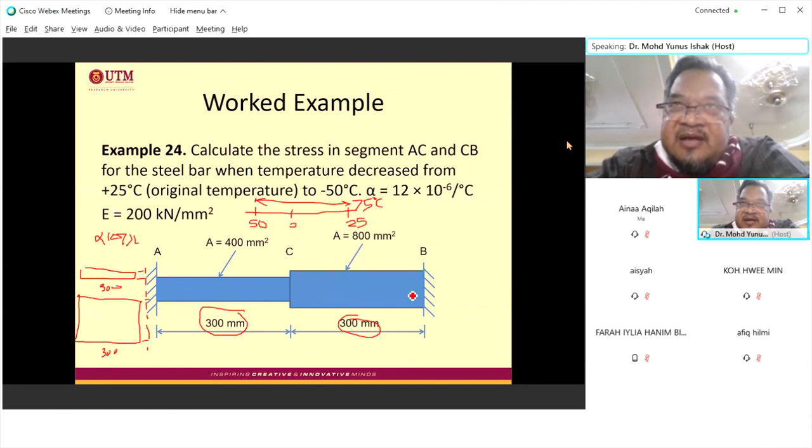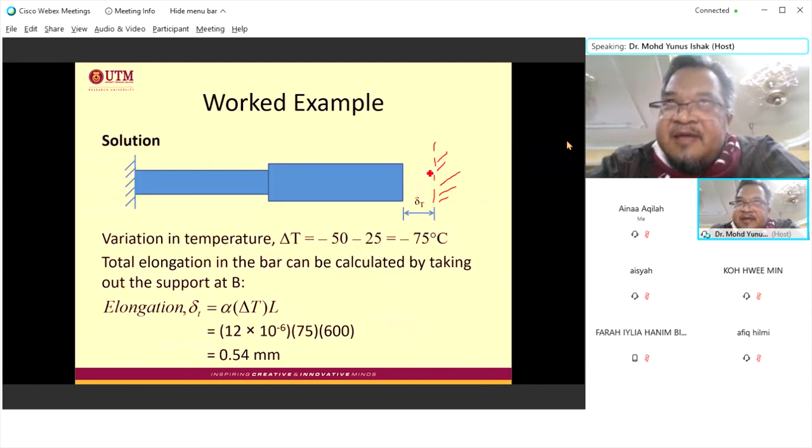Actually, we do not allow it to shorten. Rigid means it's perfectly held. So what happened? We must have one force try to pull back. That force will pull the element back.